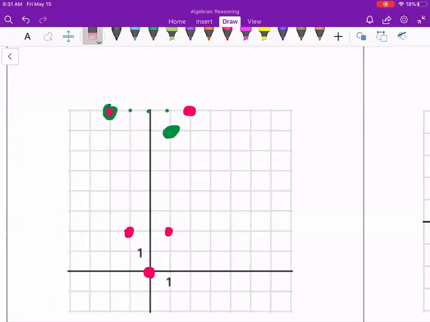Then I'm going to do the same thing to the next one. So now I'm down at the second point, right 3, 1, 2, 3, down 1. Okay, 2 down, 3 to go. Same thing with this bottom point that we have here, right 3, 1, 2, 3, down 1. Okay, let's keep going. Our next point, 1, 2, 3, down 1.